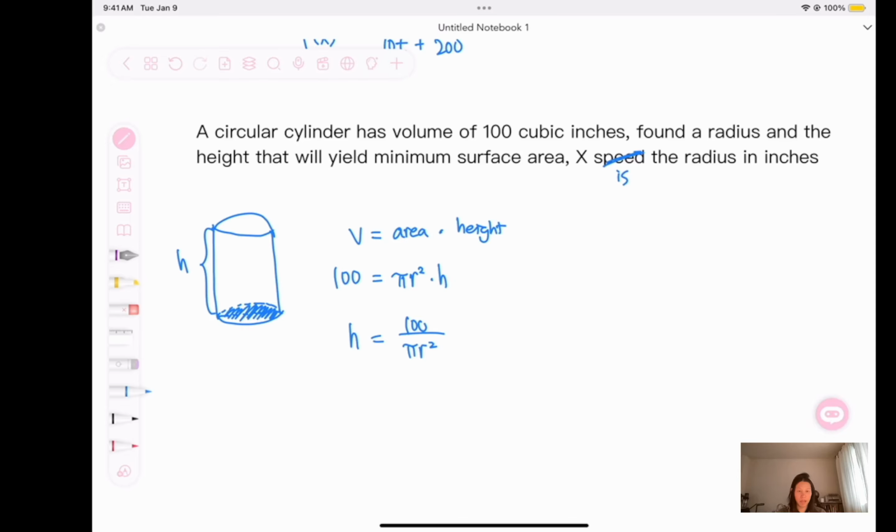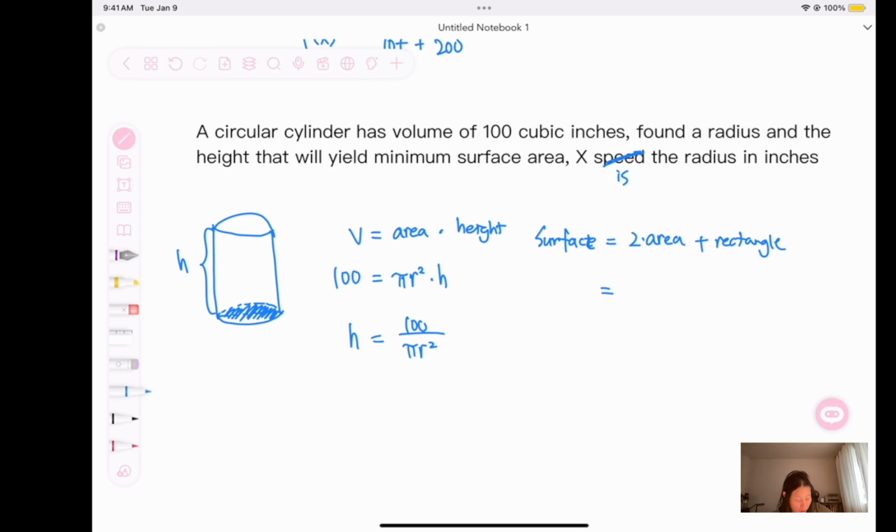Okay, now we're trying to find the minimum surface area. The surface contains two or three parts. The top and the bottom I consider the same, because that's 2 times the area, plus the middle part. The middle part, when you open it, becomes a rectangle. So I need to add the rectangle.